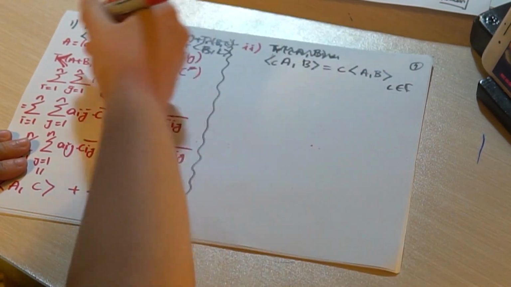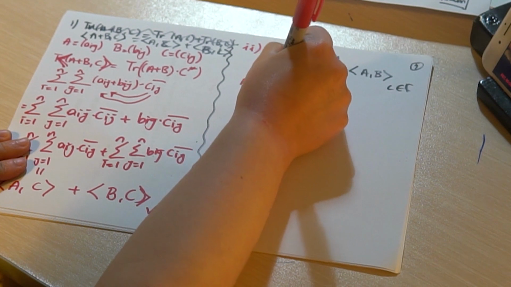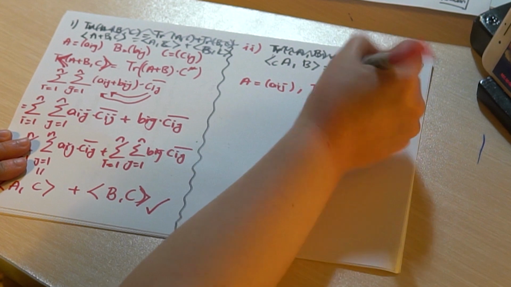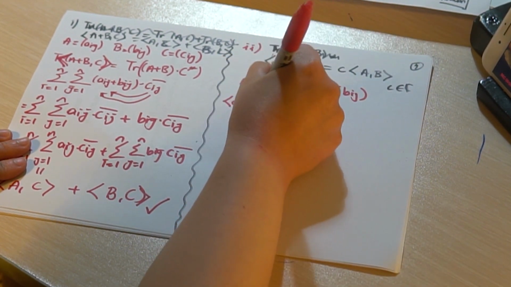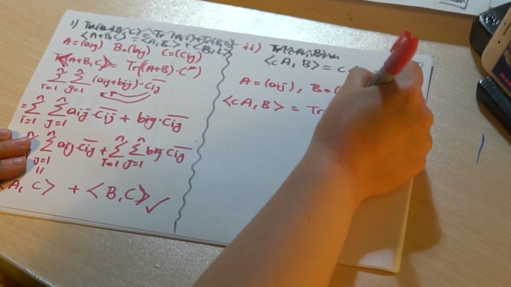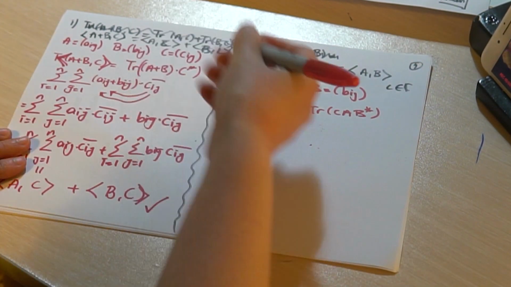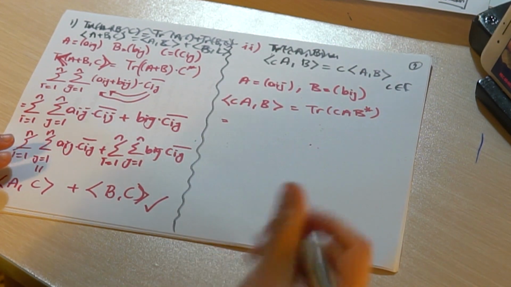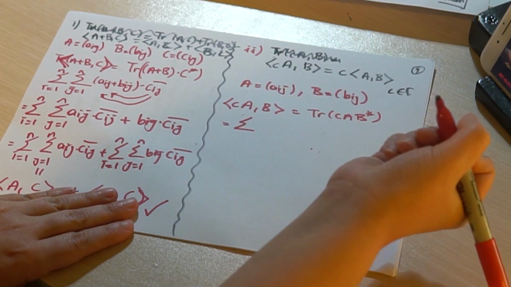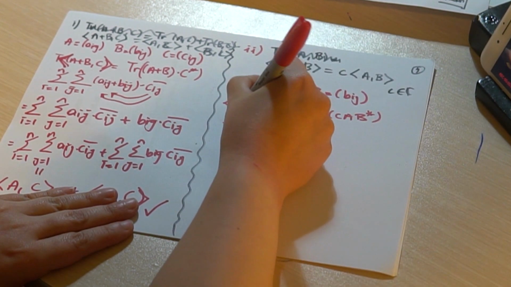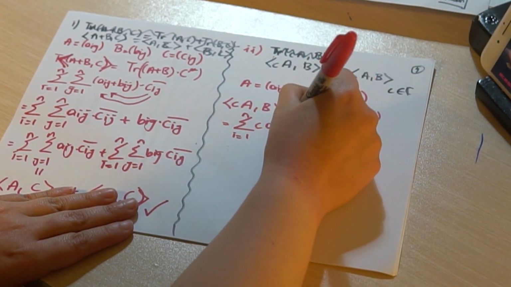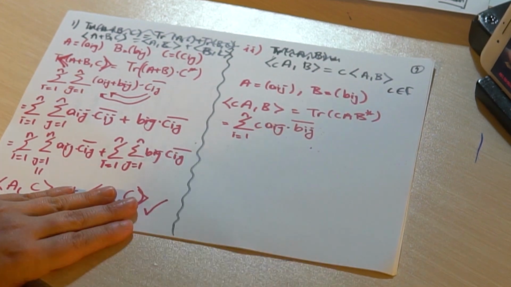So again, A is equal to Aij and B is equal to Bij. So the product of C times A with B is the trace of C times A times B conjugate. So this is equal to the sum over I from 1 up to N of C times Aij times Bij conjugate, right?